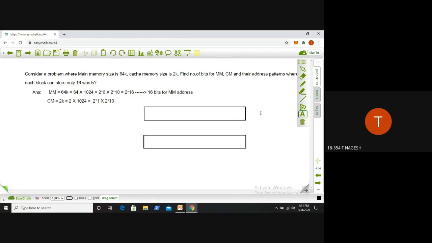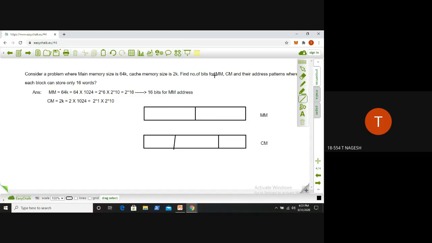As this is for main memory, it will be divided into two slots, and this, for cache memory, will be divided into 3 slots.